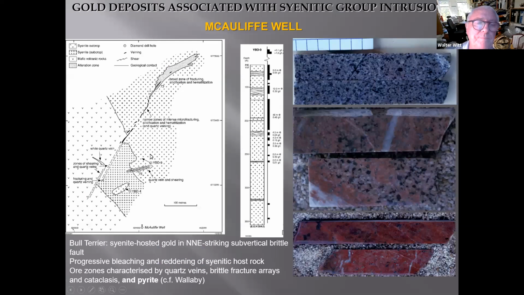This is a detailed map from the exploration company's report, which shows the fault offsetting and cutting the syenitic intrusion. And a graphic log on the right here shows that the gold, sadly uneconomic at this stage, is associated with these brittle fracture arrays, similar to the ones described at Wallaby.